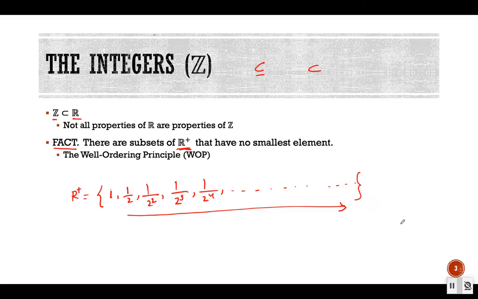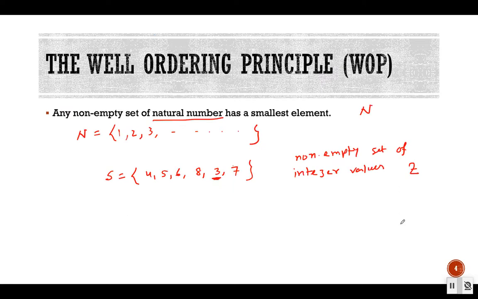All right, but this is different in the integer numbers. A set of natural numbers, a non-empty set of natural numbers, is going to have a smallest element.